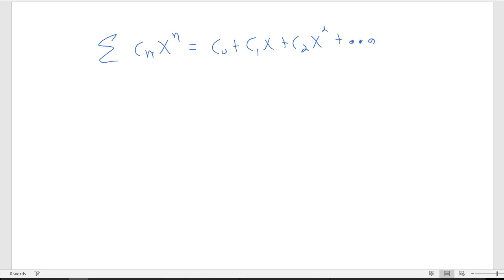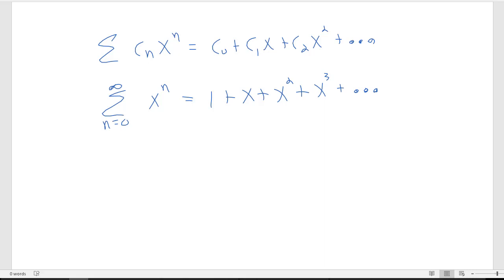So let's consider where the c sub n's are all 1. So let's take a look at 1 times x to the n. If I have all the c sub n's being 1, this is just 1. So again, x to the 0 is 1. There's my first term, and then I'm going to have plus x squared plus x cubed, so on and so forth.